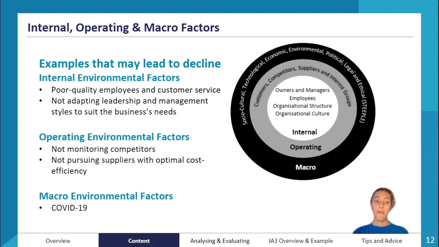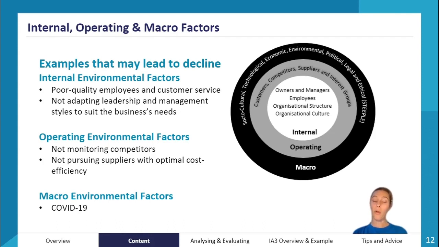You also may have not adapting leadership and management styles to suit the business's needs. That can impact as well, and we'll have a look at an example in a moment that may relate to that. Now, operating environmental factors: you could fail to monitor competitors.